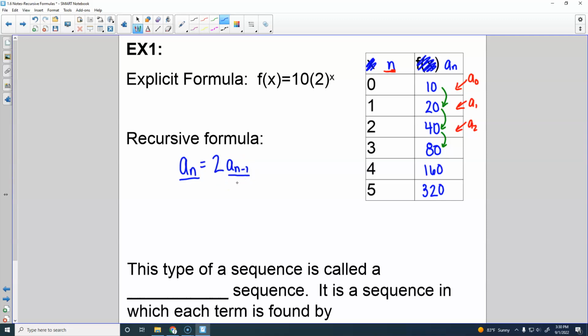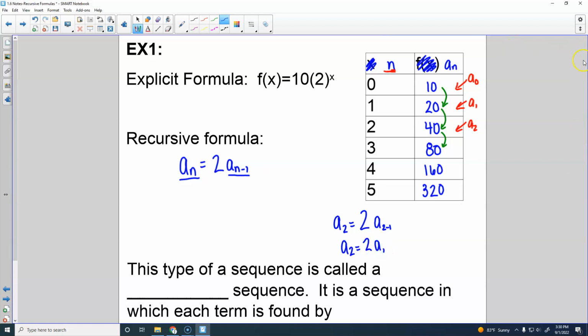So if we think about it, for example, if we plugged in numbers for those n's, a sub 2 would equal 2 times a sub 2 minus 1. Well, of course, 2 minus 1 would be 1.